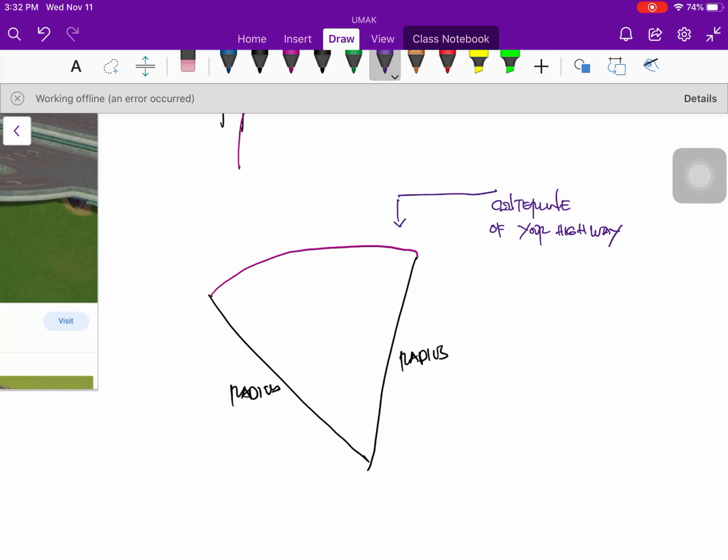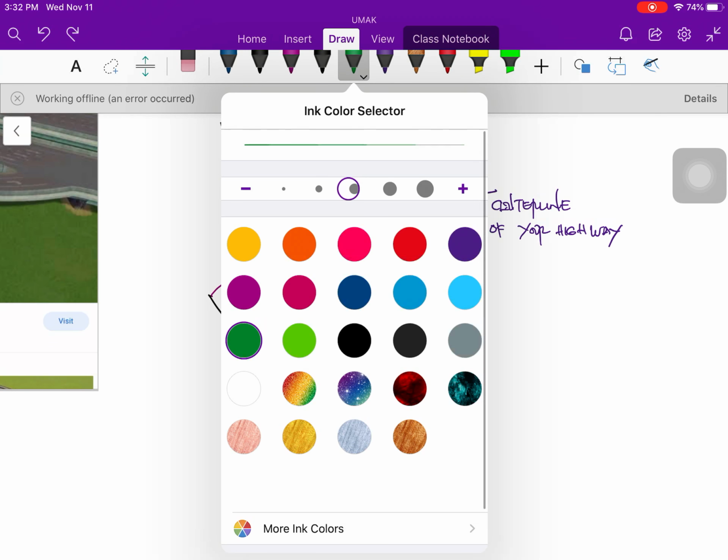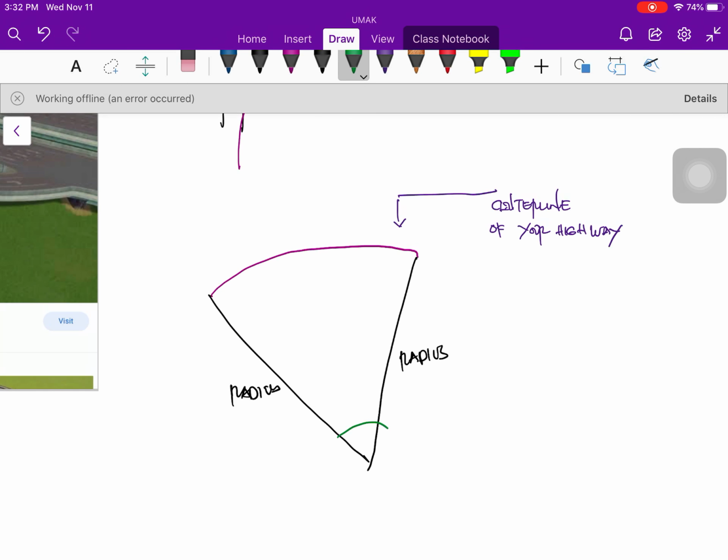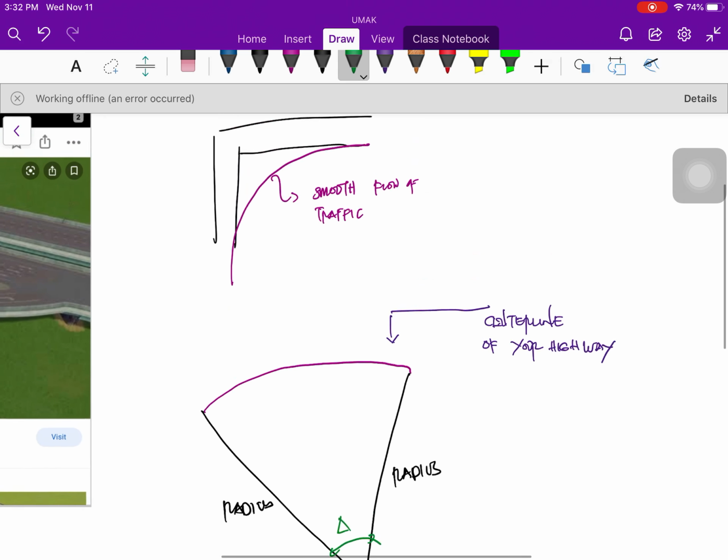If you have a radius, for sure you have this angle, angle delta. And this is the length of your curve.